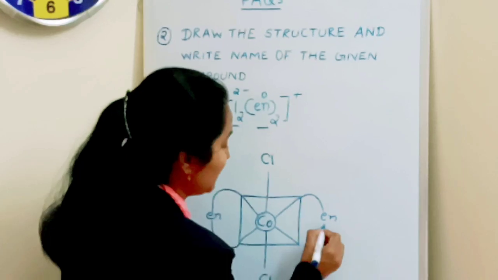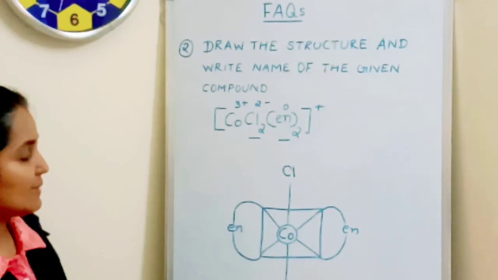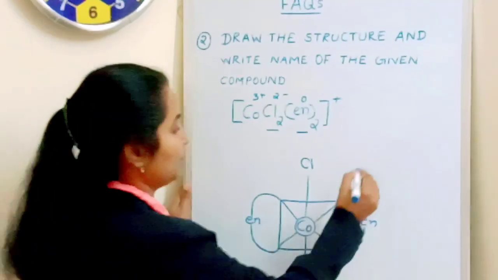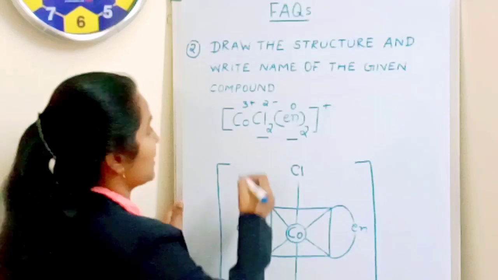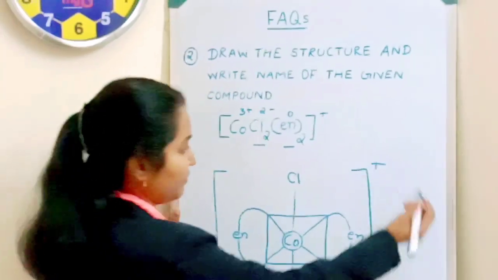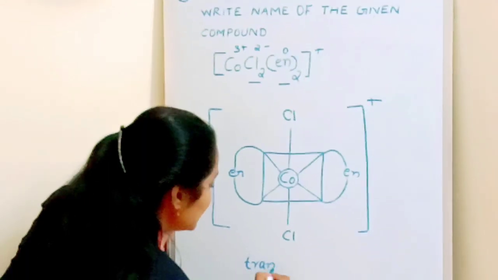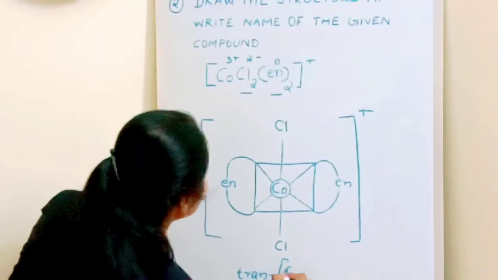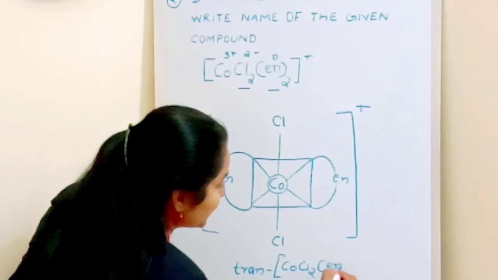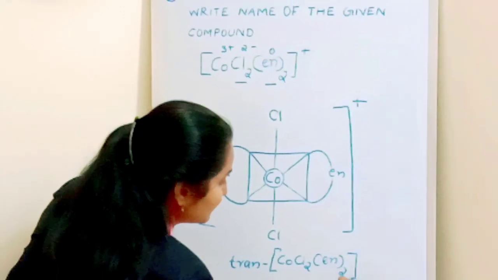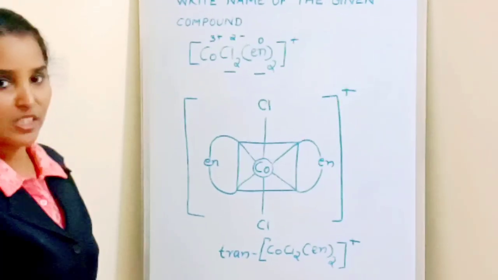So this is the structure of the trans form, and we have shown the charge on the coordination entity here. So this is trans-[CoCl2(en)2]+.